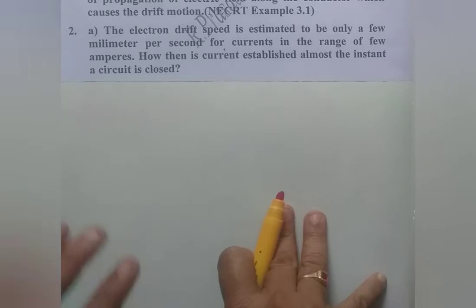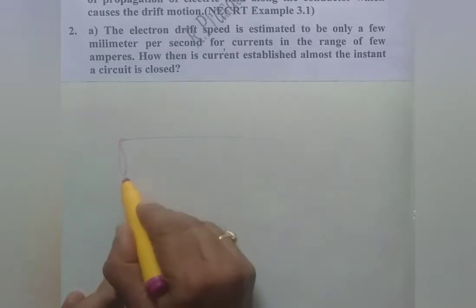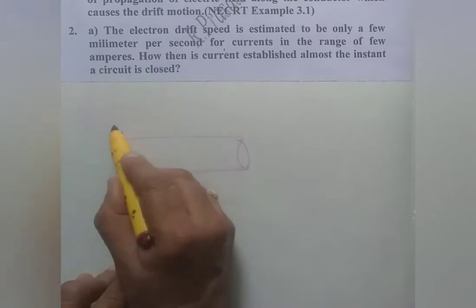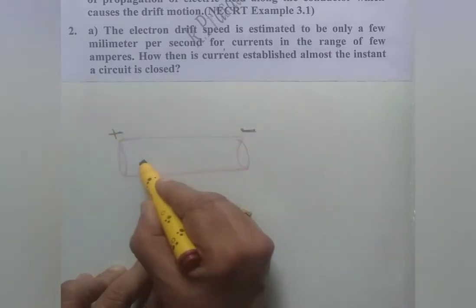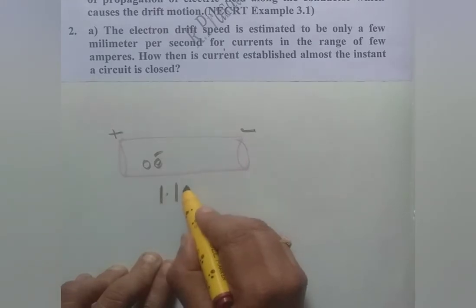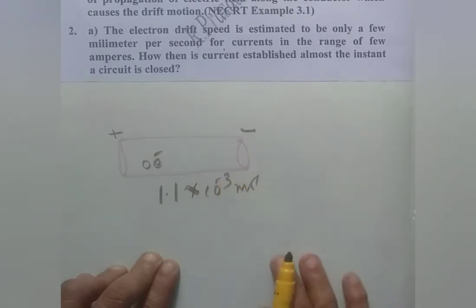Observe here. Say you have a conductor like this. And in this conductor, if you establish the electric field, one electron acquires approximately 1.1 into 10 raised to minus 3 meter per second drift velocity.